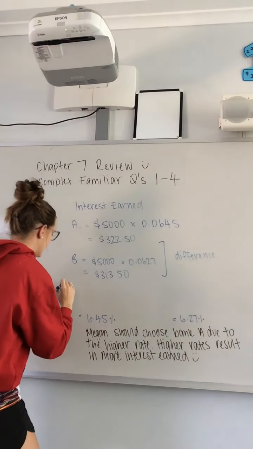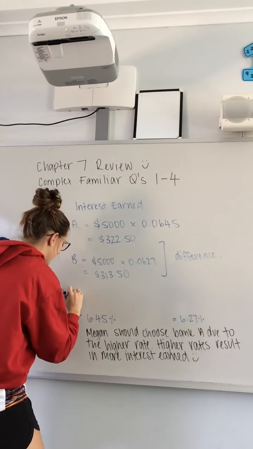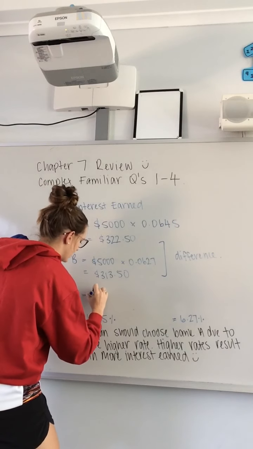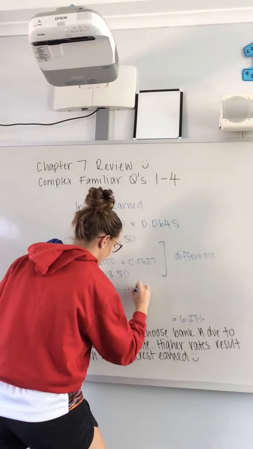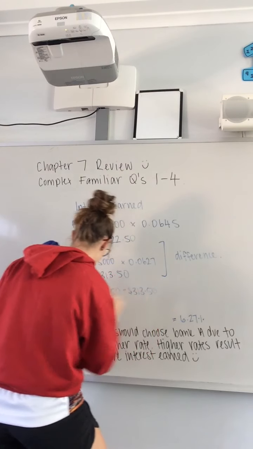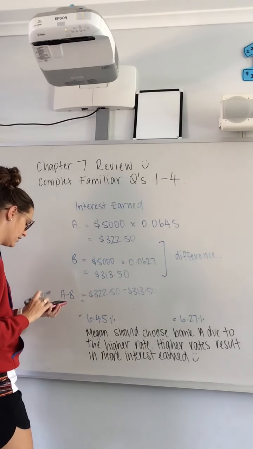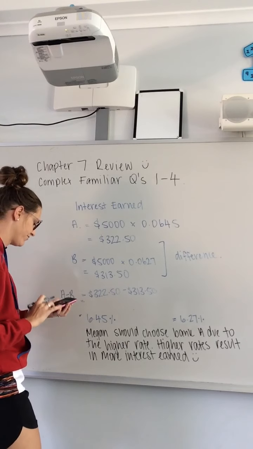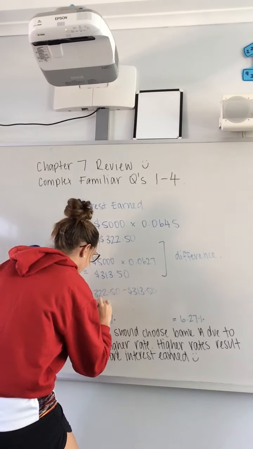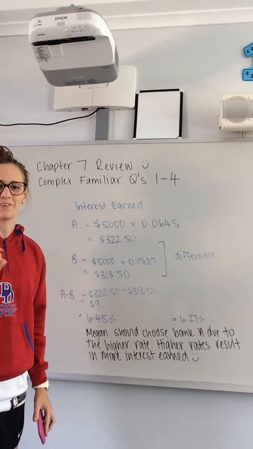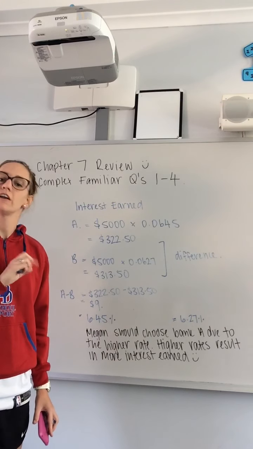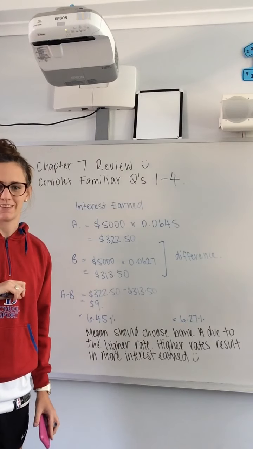I'm going to do that down here. A minus B equals $322.50 minus $313.50. And just because I've got it there, I get $9. So she's going to earn $9 more in interest. Now, because I've got to keep my videos super short for the upload, I'll do question 2, 3 and 4 as separate ones. Bye.